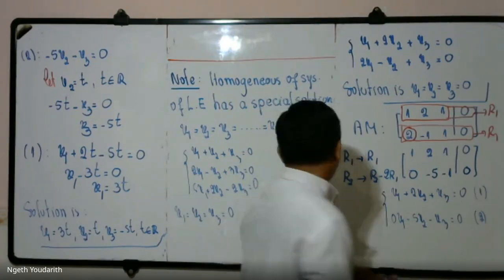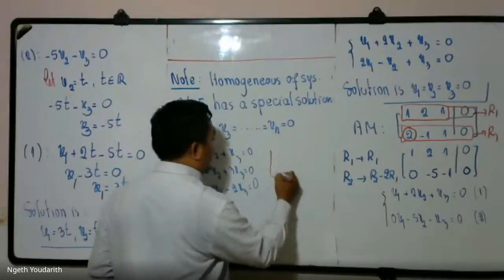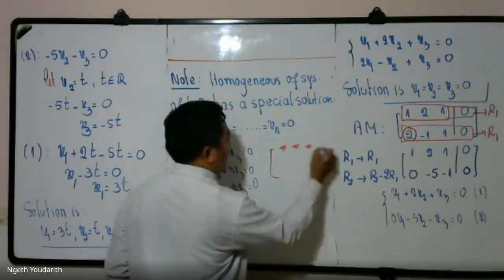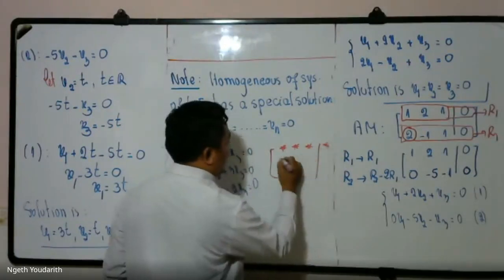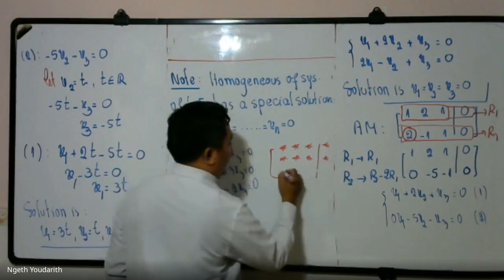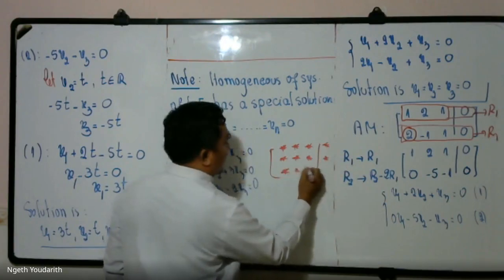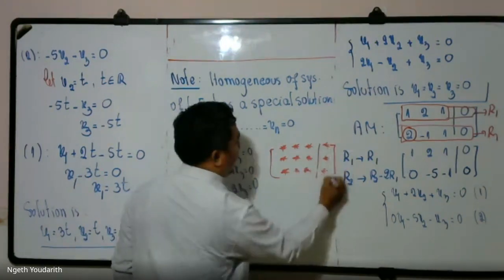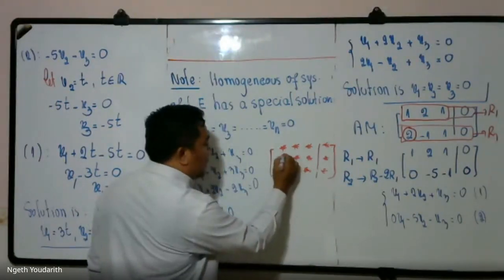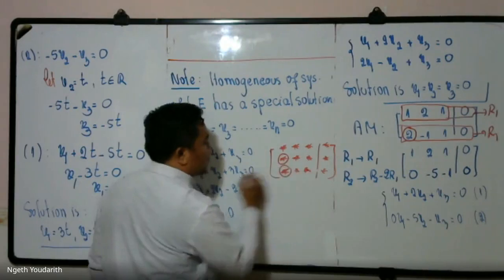For example, if you have this one, star, star, star, we don't know these numbers. First you convert this one to 0 and this one to 0.